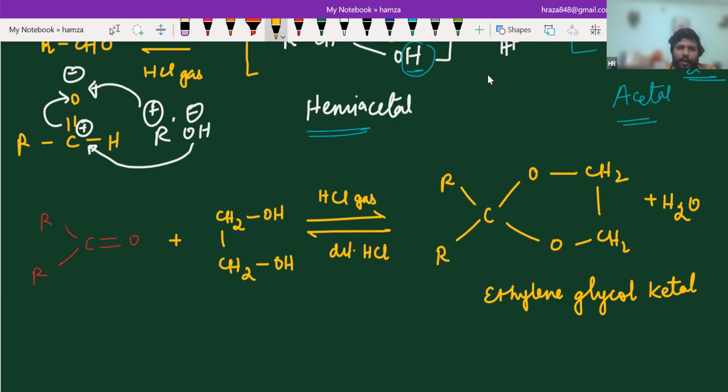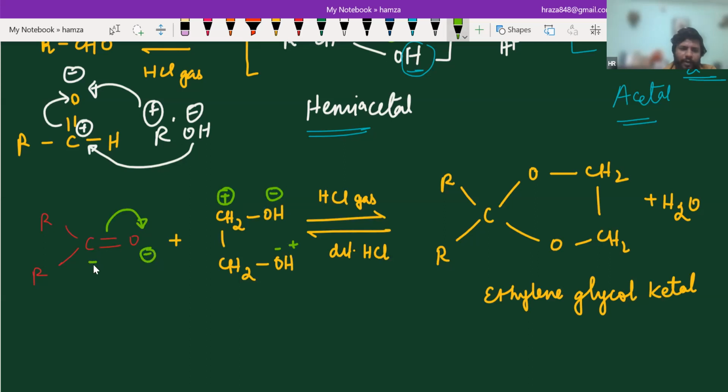Now as you can see how the reaction took place, it's very easy. So this will have negative and positive charge. This is your positive and this is your negative, and this is your positive, this is your negative. Just make it like this. This will have negative charge, this will have positive charge, and this will be moving like this.